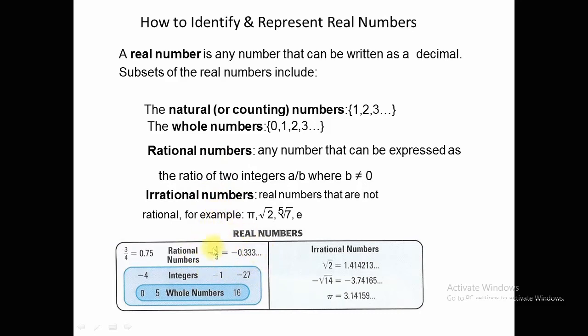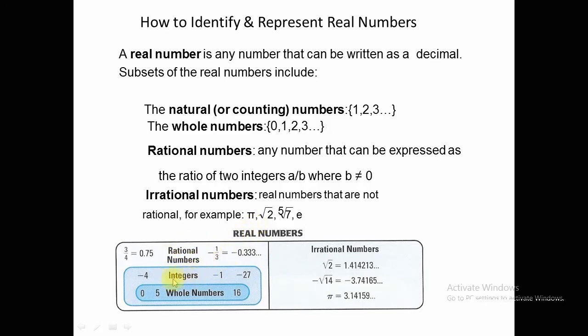Now, since I have told you that the union of rational and irrational numbers is equal to the set of real numbers, for example, these are rational numbers. 3 by 4 is equal to 0.75 and minus 1 over 3 is equal to minus 0.33 and so on. These rational numbers are also real numbers.